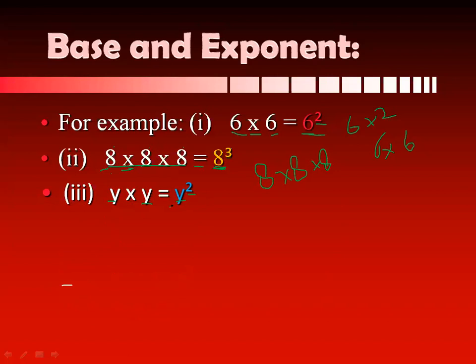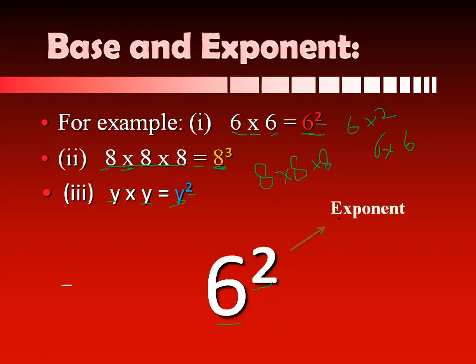Now, what is this y, this 2? What will you call it and how will you read it? Let's consider the very first example here. You will write simply 6 and this 2 here. What does it mean? This 2 tells you that this 6 is going to multiply 2 times.